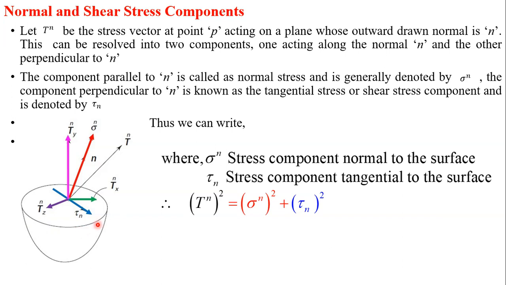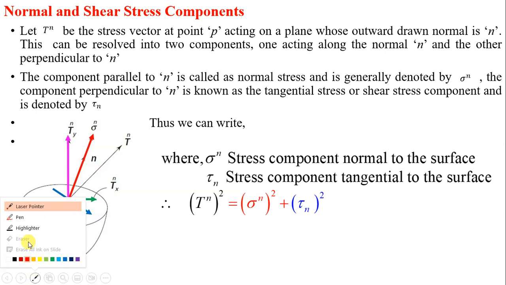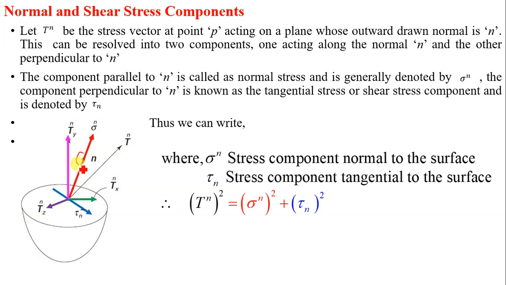If I draw the normal to this plane, you can observe the black arrowhead, and this is normal to the plane, denoted by n. The component parallel to n is called normal stress and is denoted by sigma n. The component of this Tn stress vector along the normal is called the normal component sigma n.